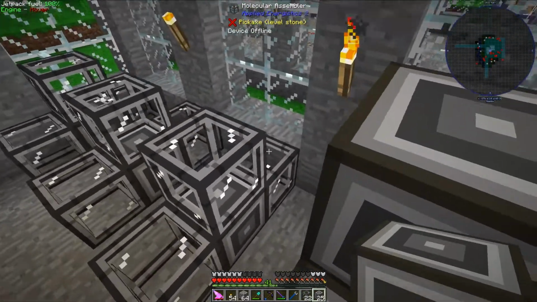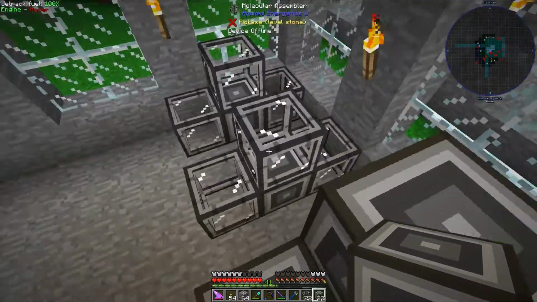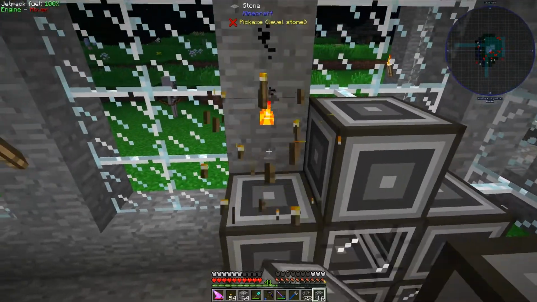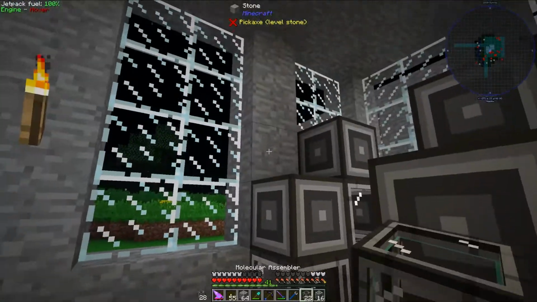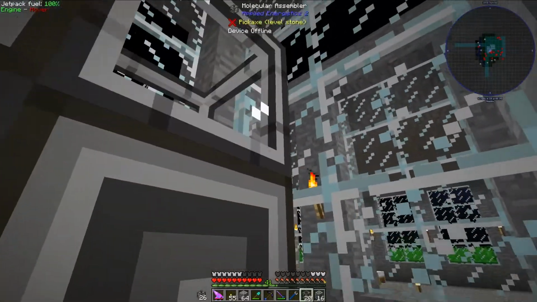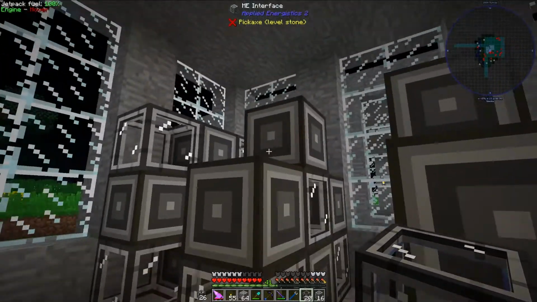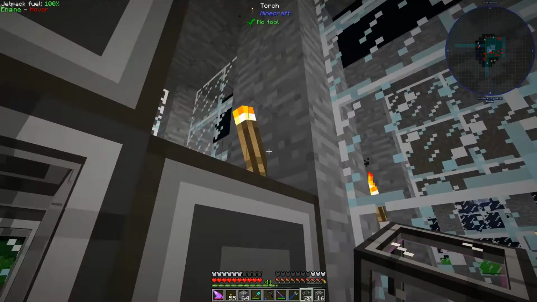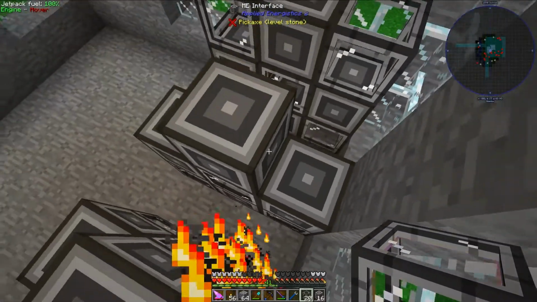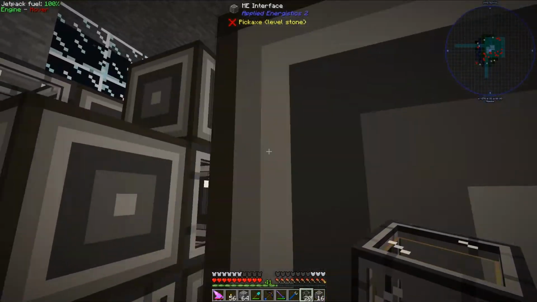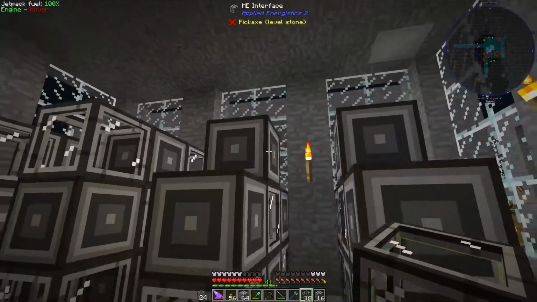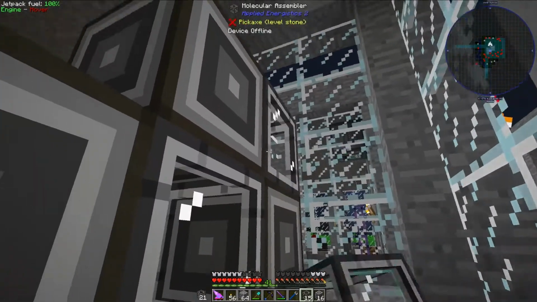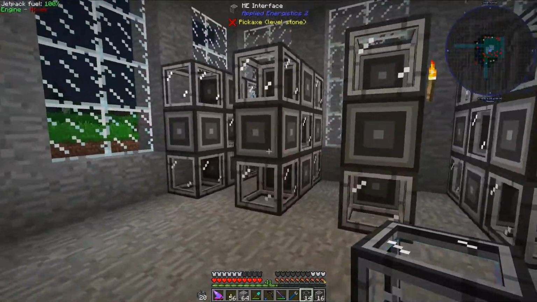And then to complete the pattern, we're going to basically have squares where we have 5 molecular assemblers and 4 of the ME interfaces, and any one of the ME interfaces will be able to interact with the 3 of the molecular assemblers that are touching it. So that is really nice because it makes crafting a little bit faster.